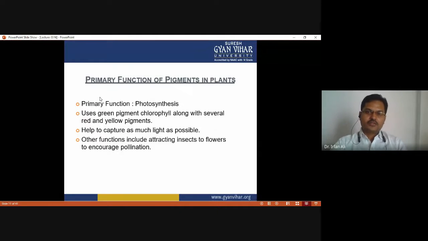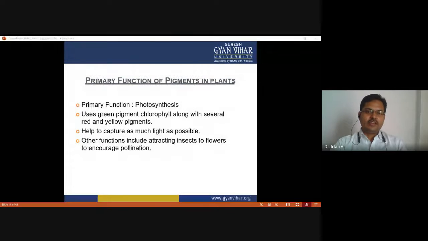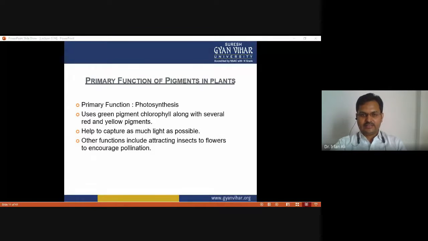What are the primary functions of pigments found in plants? The primary function of pigment is photosynthesis, because pigment has the capacity to absorb light of specific wavelengths, which is required for the light-dependent reaction in photosynthesis.